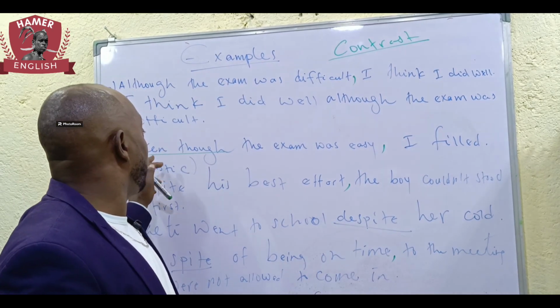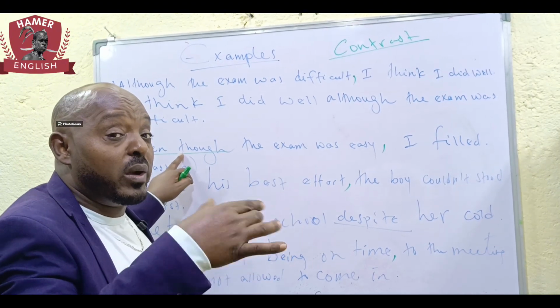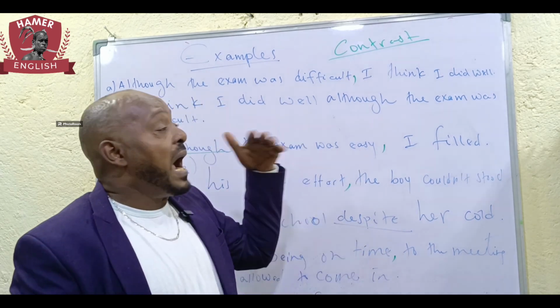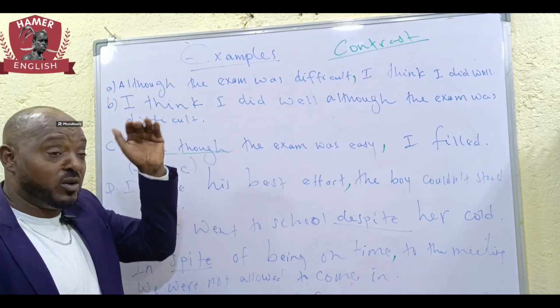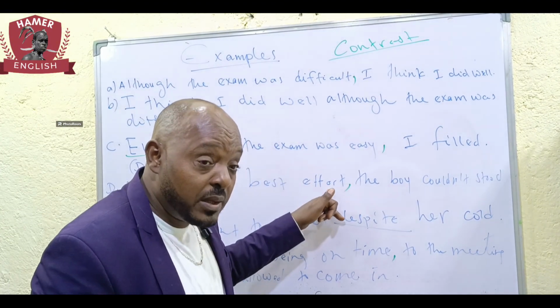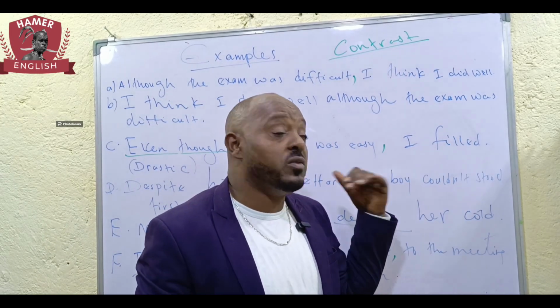So this one, even though, shows a contrast or opposition that is higher than although and though. Despite his best effort means the boy couldn't come first.